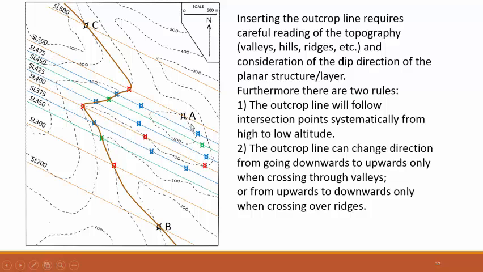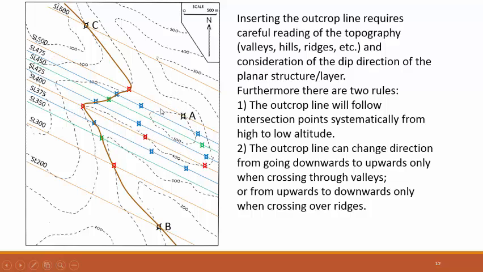What about these remaining outcrops that we see over here? Think about that we have here a planar layer that is dipping into a southwestern direction. This layer will intersect the hill here on this side. It will run down into this valley, and on the other slope downwards to point B. This area here is topographically higher.